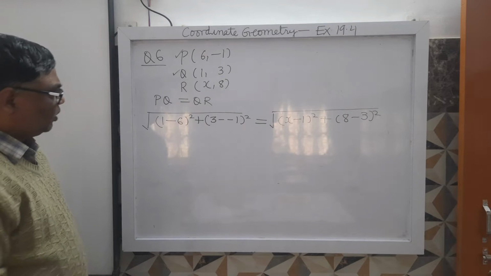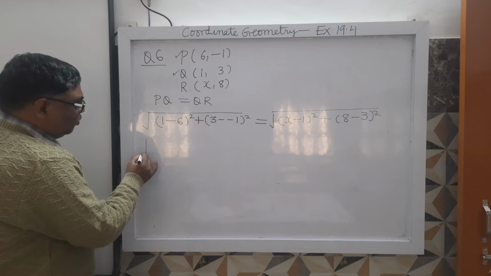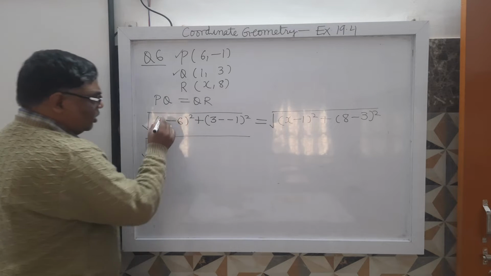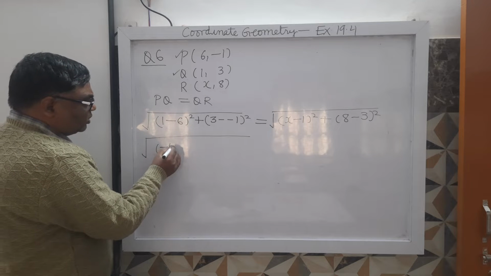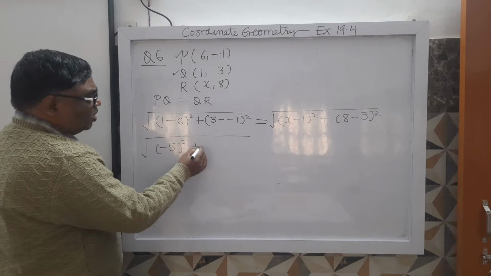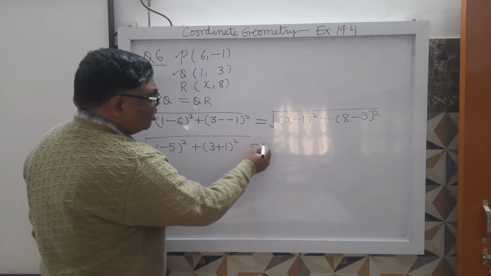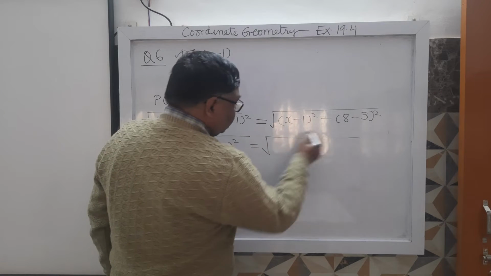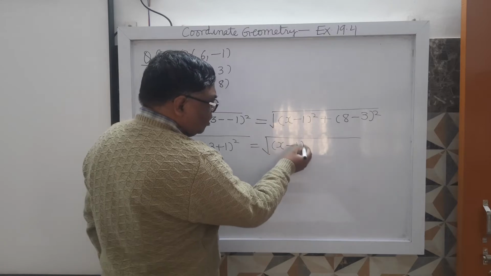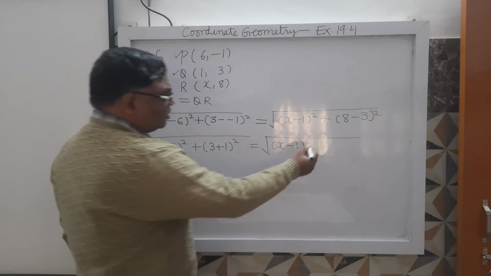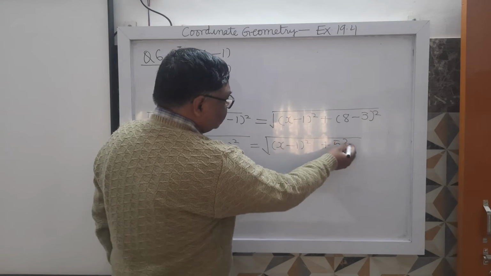Now you simplify. When you simplify, it will be (1 minus 6) which is minus 5 whole square, plus (3 minus 1) whole square, equals (x minus 1) whole square plus 5 square.